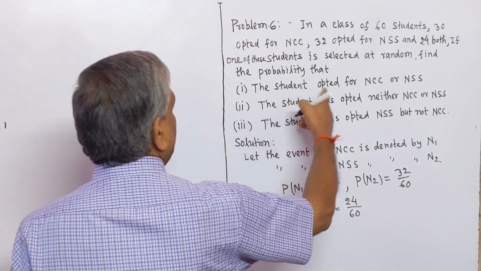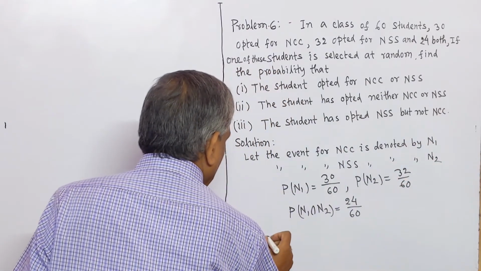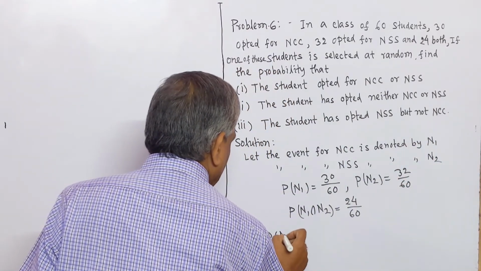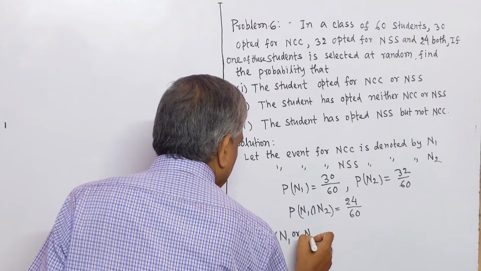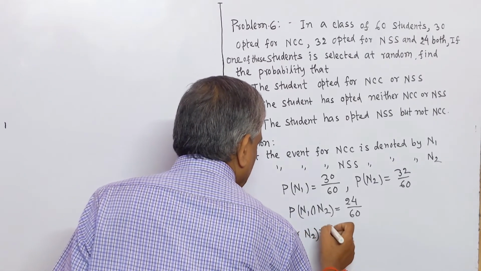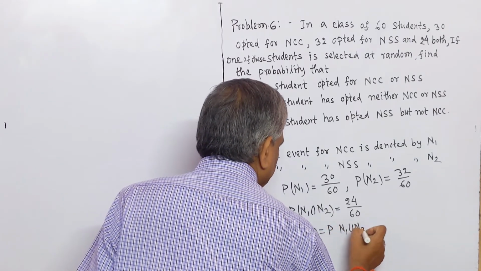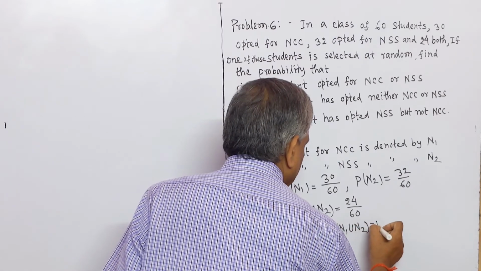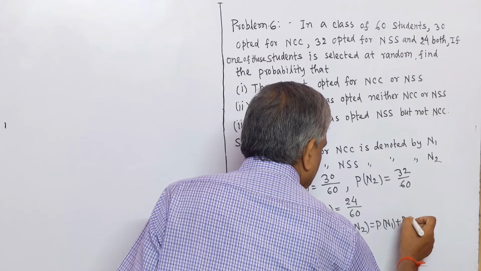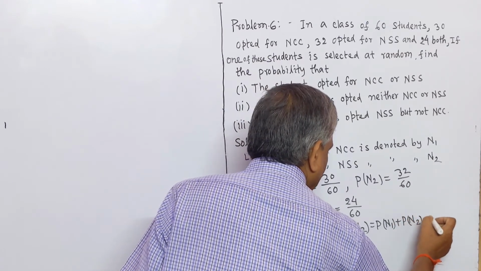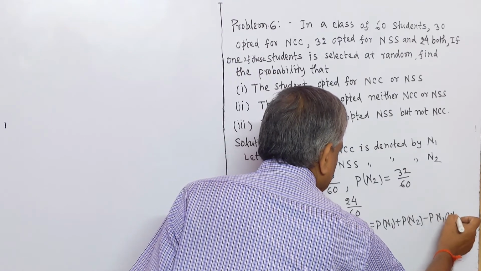Number 1, the student opted for NCC or NSS. The probability for N1 or N2, that is P(N1 union N2), is equal to P(N1) plus P(N2) minus P(N1 intersect N2).